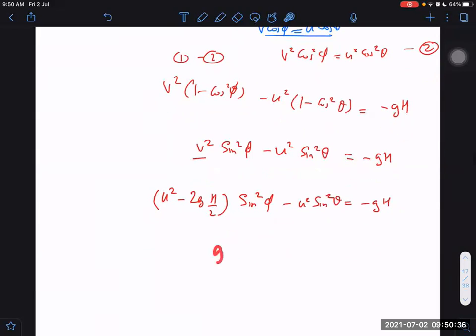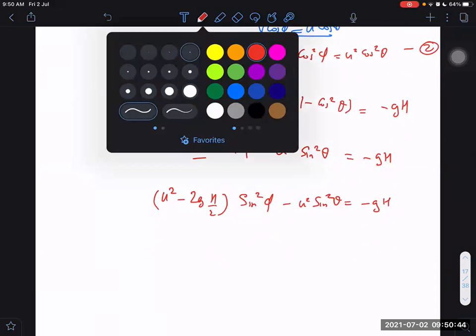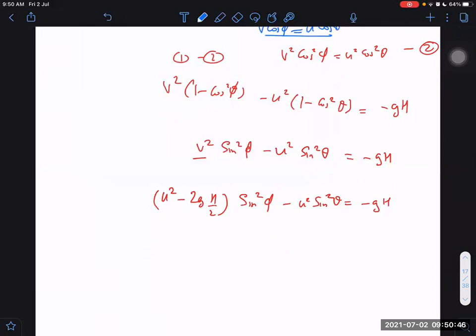After getting sin phi, g sin phi will be the tangential acceleration. Right or not? Yes.